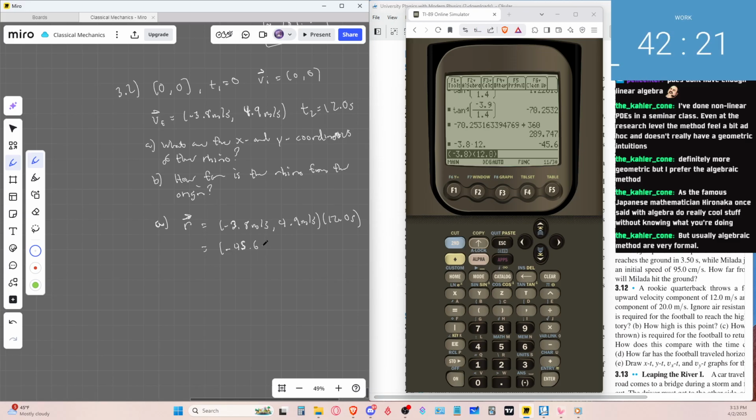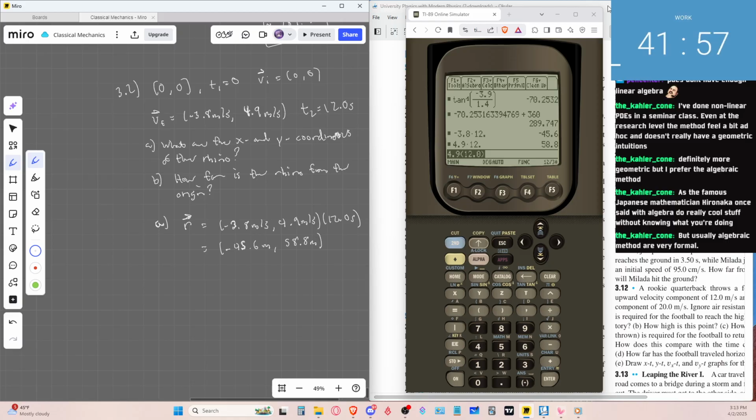And I think we can put the units. Yeah, because then that crosses out. And then we have to do 4.9 times 12 seconds. So that leaves us with 58.8 meters.